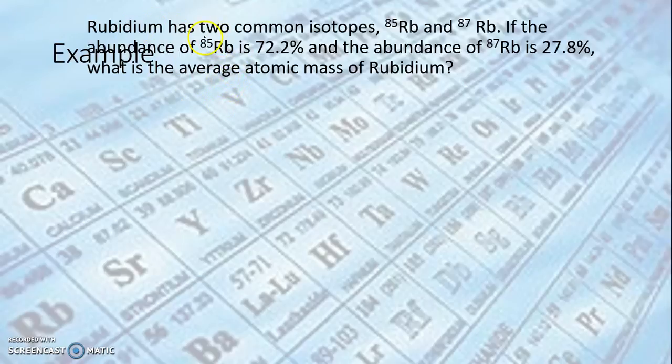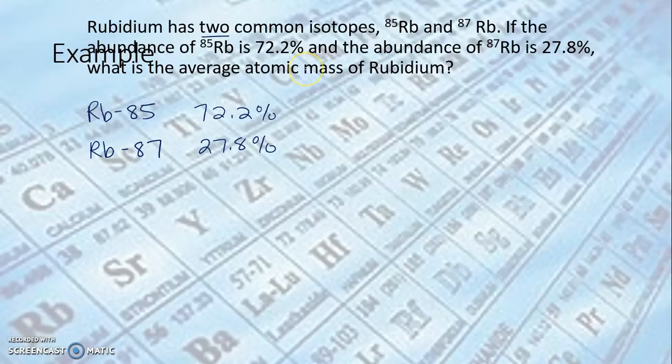Rubidium has 2 common isotopes. We have rubidium-85, I'm going to write this out, and rubidium-87. If the abundance of rubidium-85 is 72.2% and the abundance of rubidium-87 is 27.8%, what is the average atomic mass of rubidium?